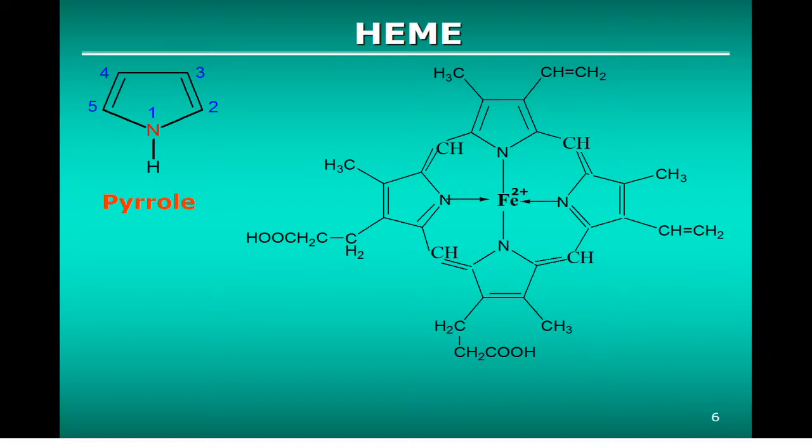So what we see here is that pyrrole is bonded with other pyrroles forming a tetrapyrrole nitrogenous base. It's a ligand, a bioorganic, important organic ligand. Such a type of ligand, a tetrapyrrole nitrogenous base, is known as porphyrin.